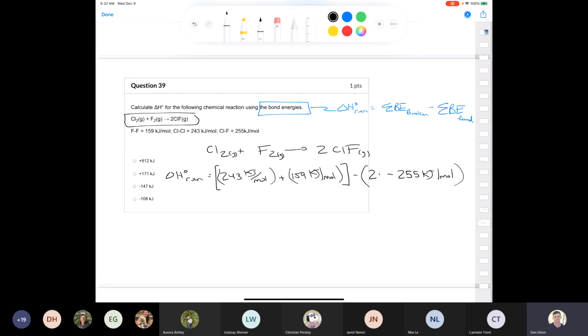Now I just have to punch all that into my calculator. When I simplify this, I end up with the delta H of my reaction as being equal to 402 minus 510. Remember, our units are kilojoules per mole. And this is an exothermic reaction because our delta H is negative. We end up with negative 108 kilojoules per mole.